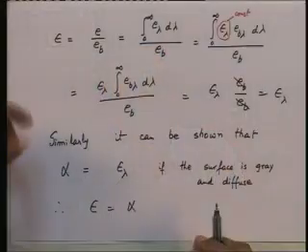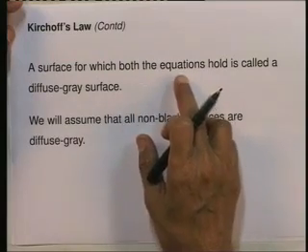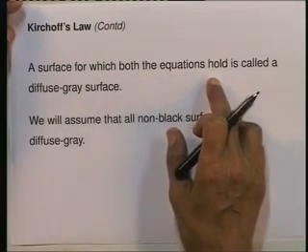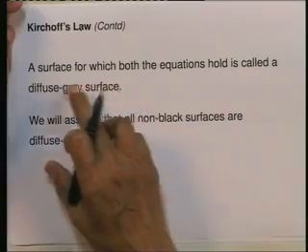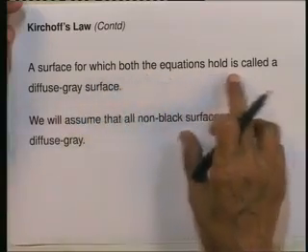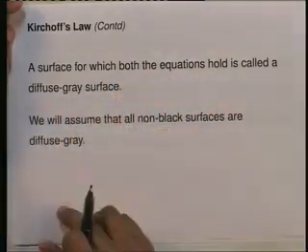We will generally make the assumption that the surface is diffuse and gray. A real surface that we are dealing with is diffuse and gray. Okay. So, a surface for which both the equations, that is epsilon lambda is equal to alpha lambda and epsilon equal to alpha, hold is called a diffuse gray surface.